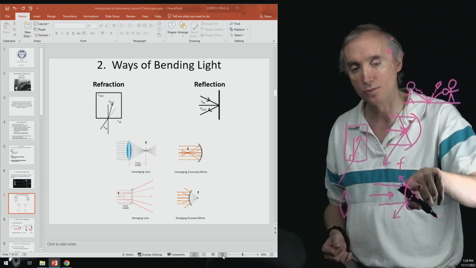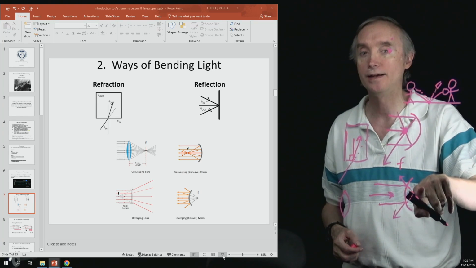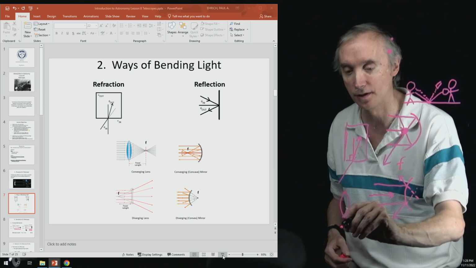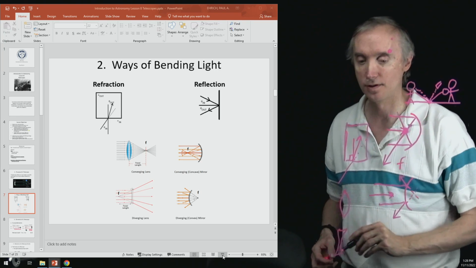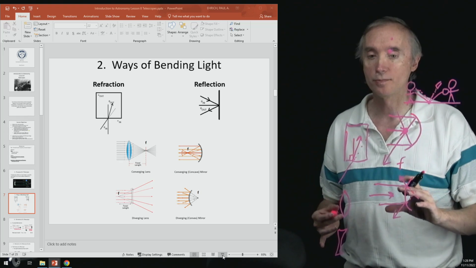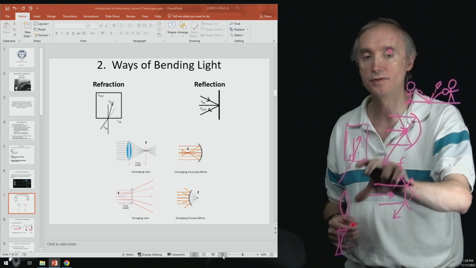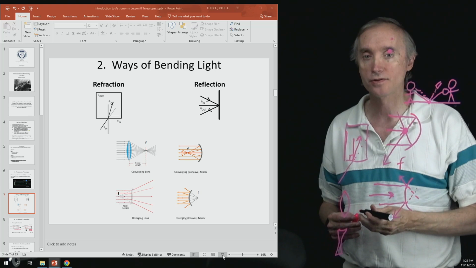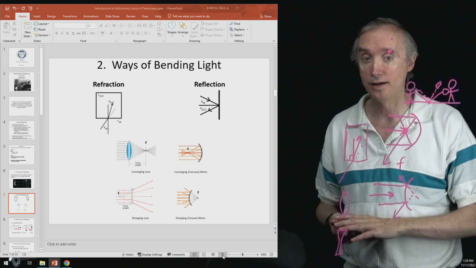And the one that goes with the diverging mirror would be a diverging lens, and it is going to be shaped like this. And astronomers use all sorts of different kinds of lenses and mirrors in their telescopes in order to change the direction that the light is going in.